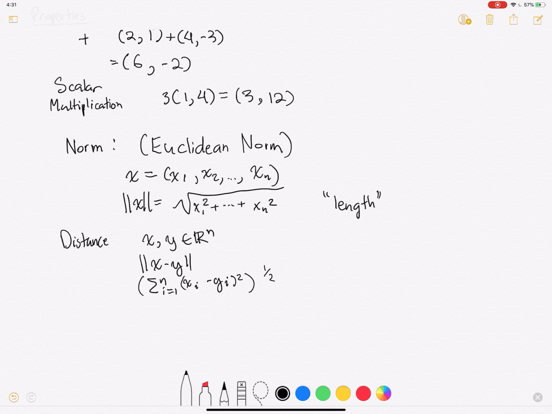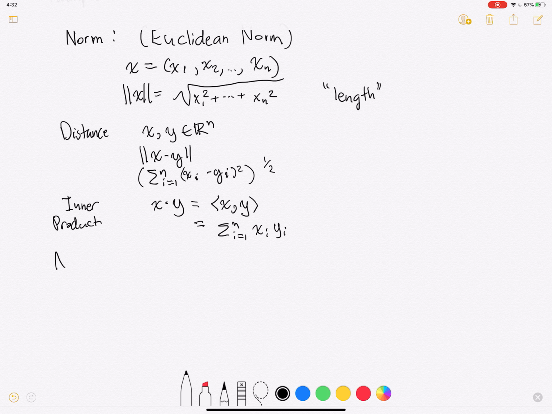And it has an inner product, defined as x dot y, or in alternate notation sometimes angle brackets x, y. The dot product is another name for it. And it's just you multiply every element with each other, and then you sum up those resulting multiplications.